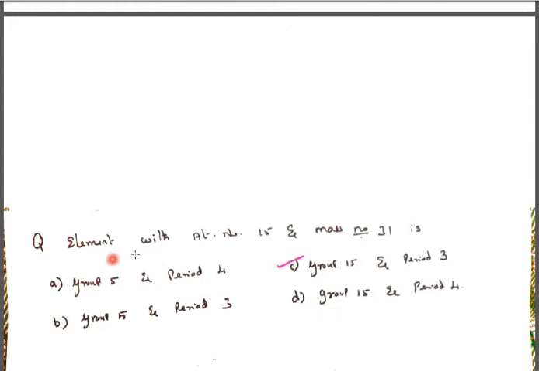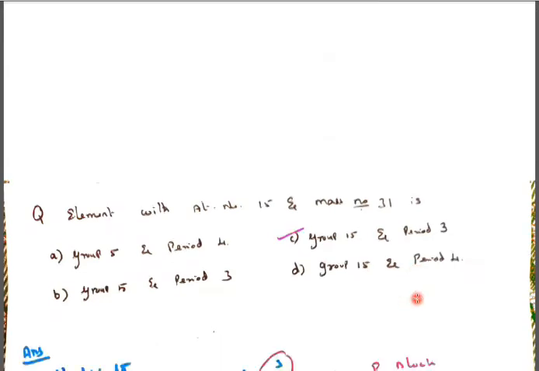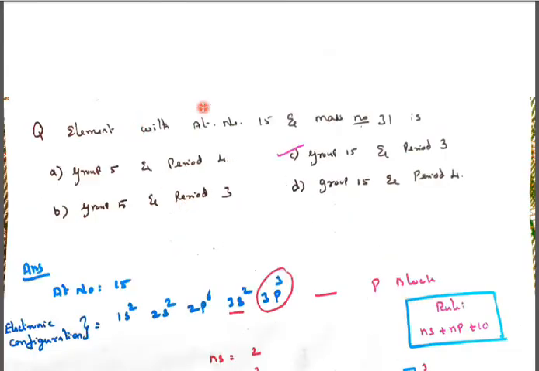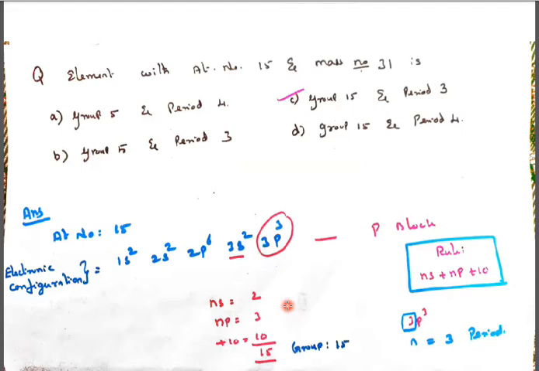One more question. The element with atomic number 15 and mass number 31: is it group 5 and period 4, group 15 and period 3, group 5 and period 3, or group 15 and period 4? Let us see the electronic configuration of atomic number 15: 1s2 2s2 2p6 3s2 3p3. The last one is 3p, so it belongs to the third period.